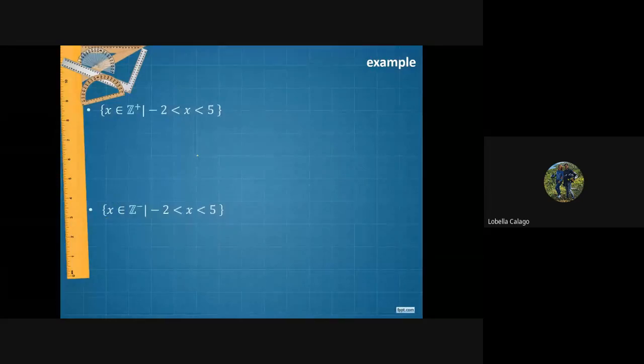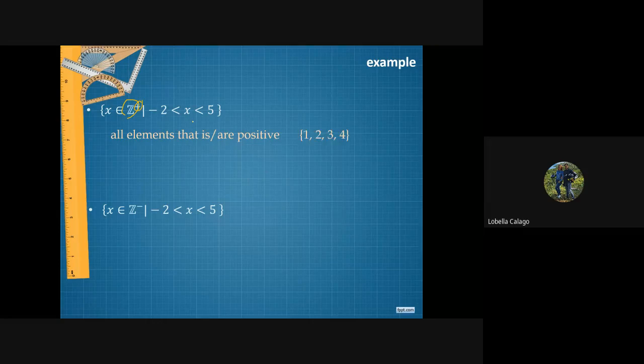So next, another example. So these are all elements that are positive. Sinabi dito, positive po yan. So we have a set that contains an element. Ano mga element? 1, 2, 3, and 4.